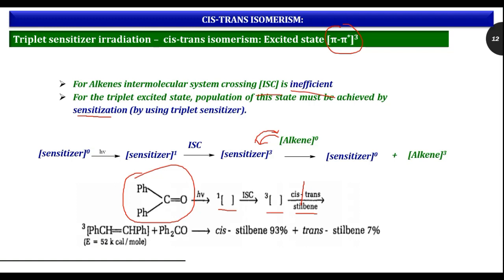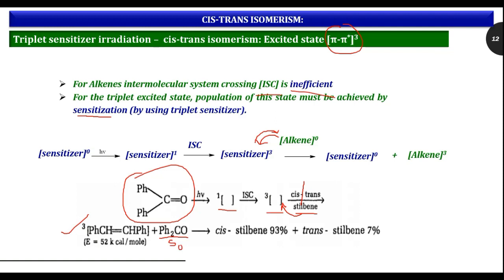Here we are adding stilbene. Now stilbene collides with the triplet excited benzophenone, and they interchange their energy. You can observe here that stilbene goes to a triplet excited state, while benzophenone comes to the ground state, S0 level.